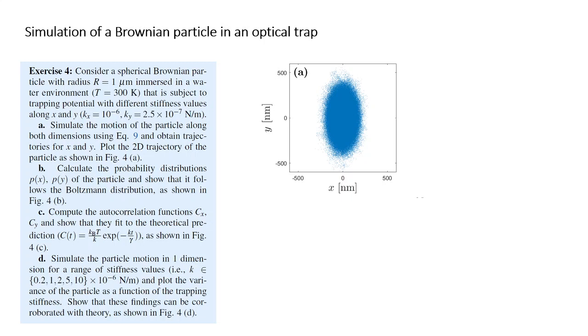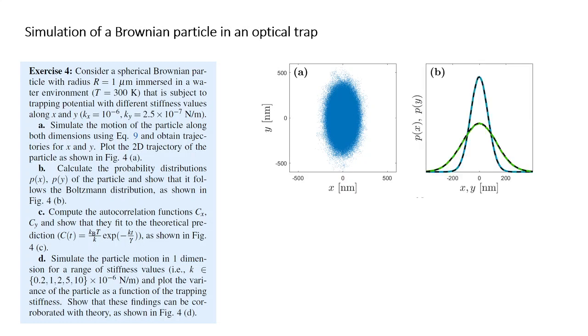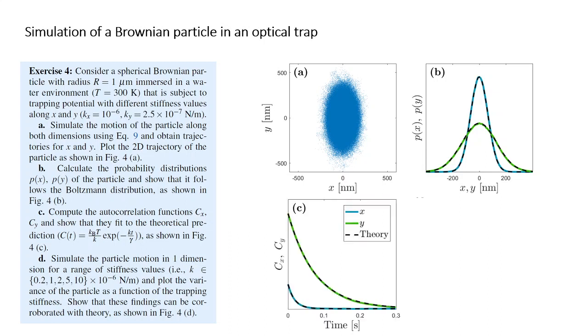And then you're going to calculate the probability distributions for both x and y and show that they actually follow the Boltzmann distribution prediction that was given in the previous slide and also in the lecture notes. That can be shown in B here. And then you're going to compute the autocorrelation functions for x and y and compare that to the theoretical prediction.